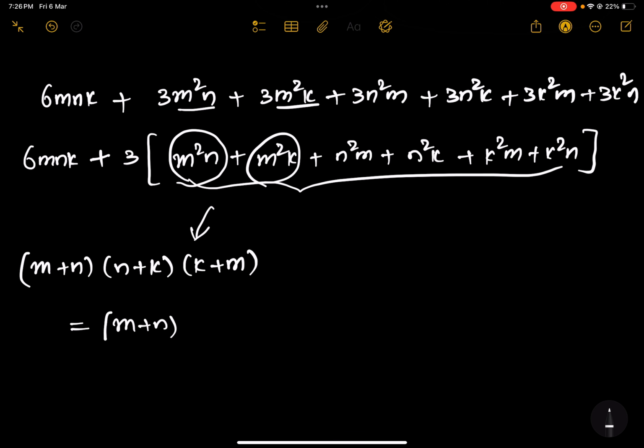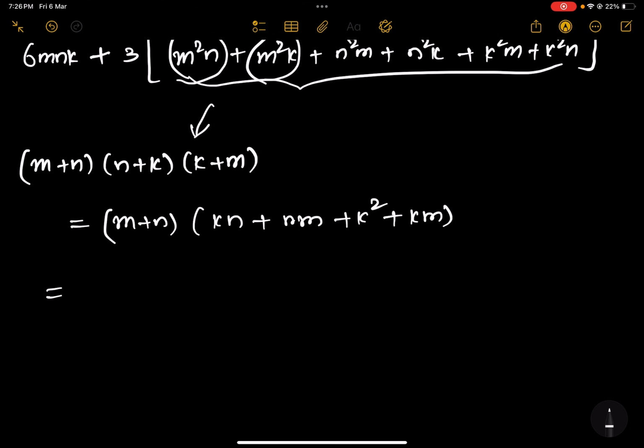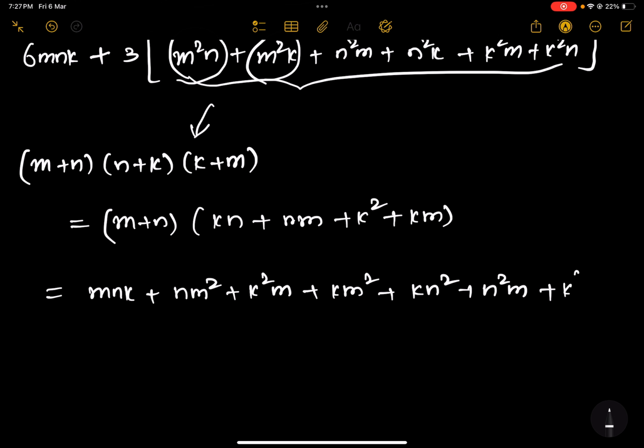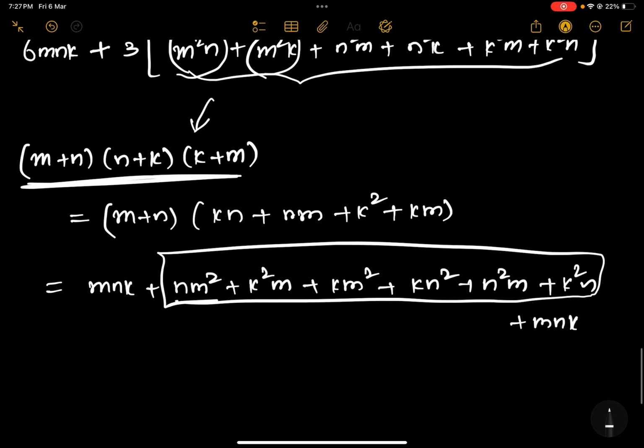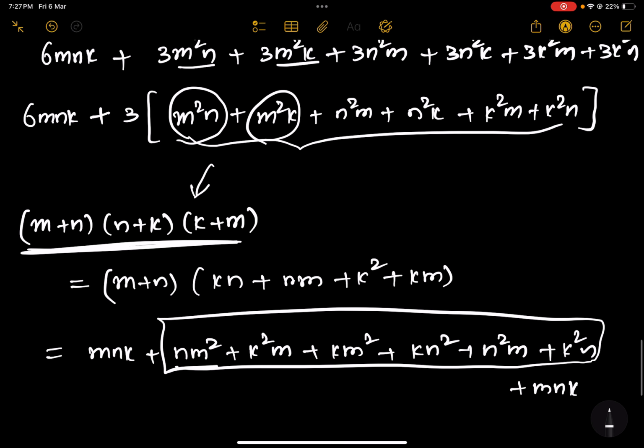When you multiply this, you get mnk plus nm square plus k square m plus km square plus kn square plus n square m plus k square n plus mnk. So these terms are generated in the expansion of this product. So this is simply this product minus 2mnk.